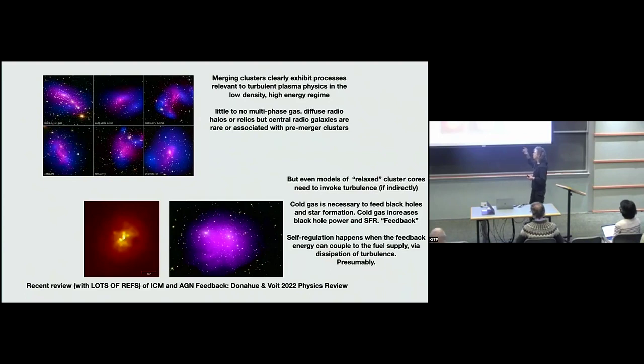Myself, Mark Voigt, but also groups, for example, Sandy Faber, have pointed out that the amount of energy that seems to be required to quench these central galaxies is comparable to the binding energy of the system. Not just the cooling energy, but the binding energy of the system. So this energy is somehow getting dumped into the plasma and lifting it, reducing its density. And how does this happen? Presumably the thermalization of turbulence.